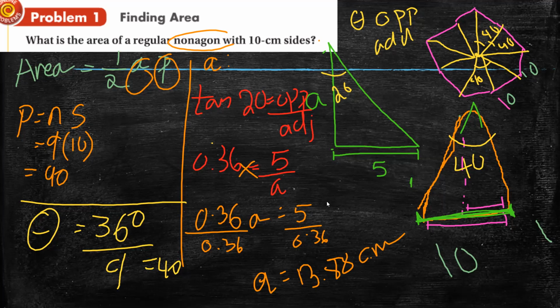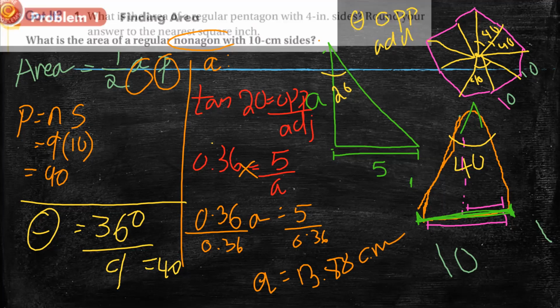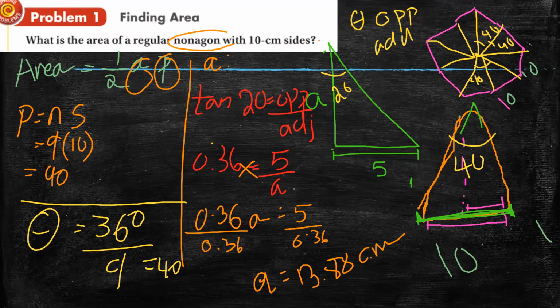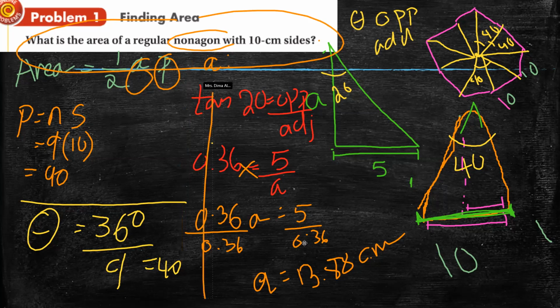Now let's go back to the question. In this question, I need the area. And as I told you, the area of a polygon is half AP.